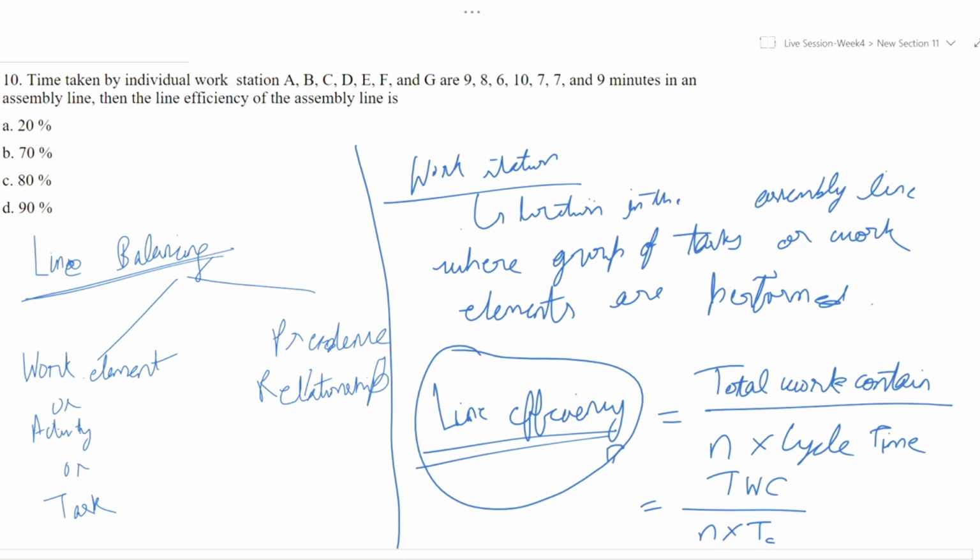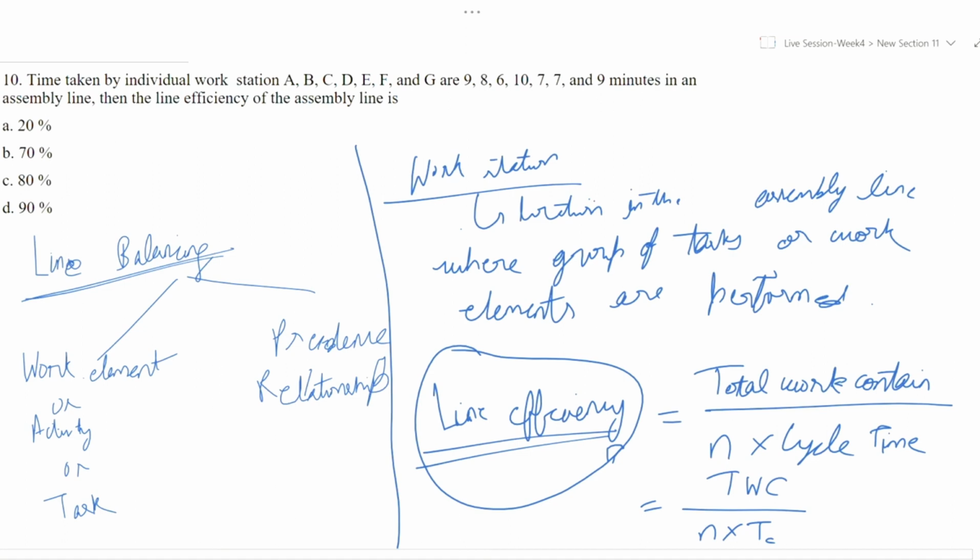Now, for this question, we have been given A, B, C, D, E, F, G. These are the workstations which have the following times in an assembly line, and we need to find out the line efficiency of the assembly line. We have to see that the minimum cycle time is decided by the slowest workstation.